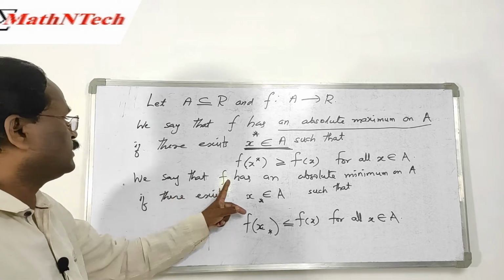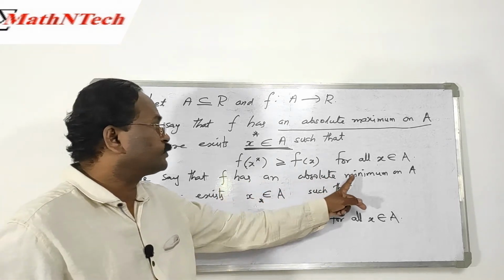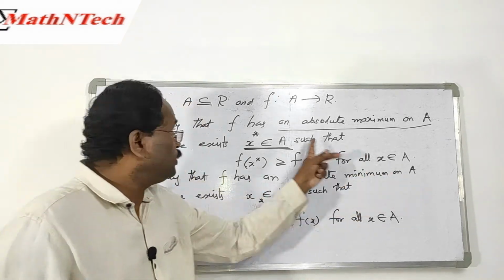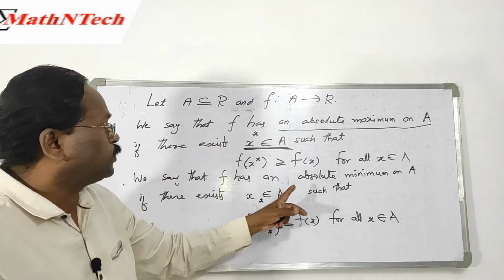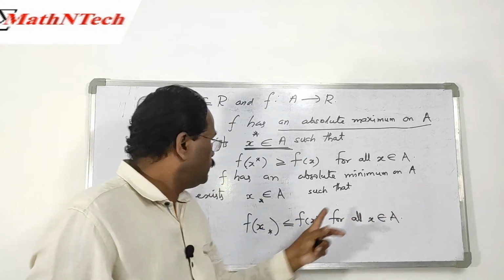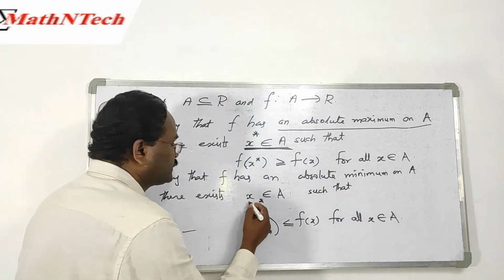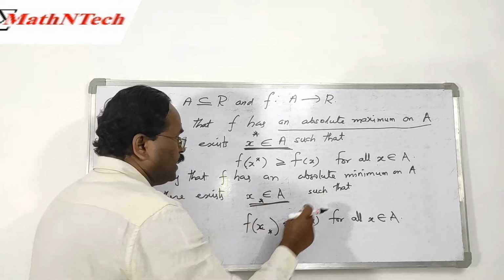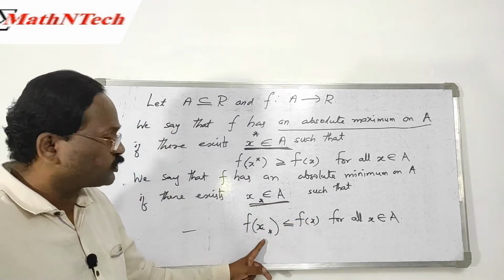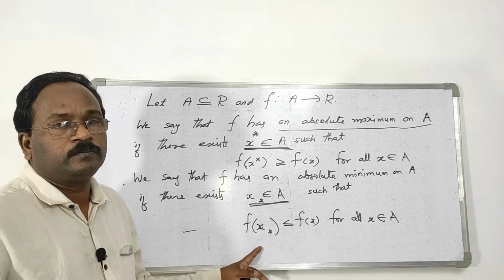Similarly, we say that f has an absolute minimum on the interval A, f is a function from A to R, if there exists x star in A such that f at x star is the minimum value.